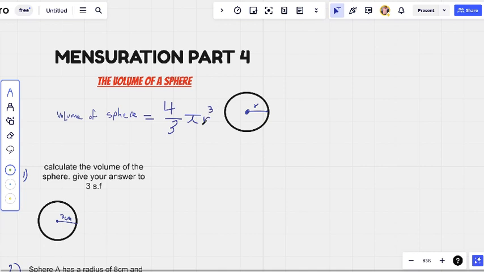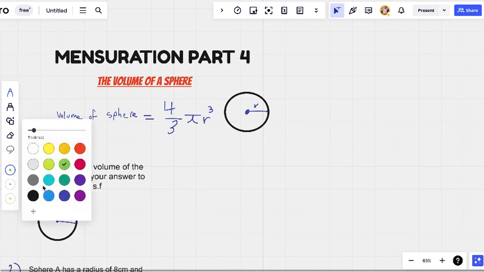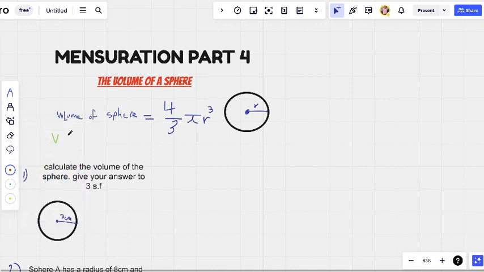Now, if we ask you to calculate the volume of a hemisphere, a hemisphere means that you are going to divide the sphere into two.